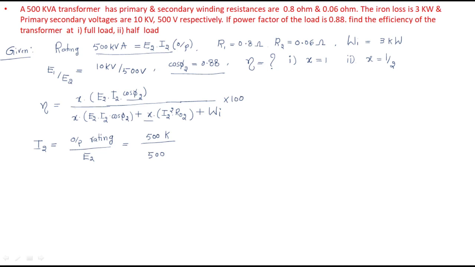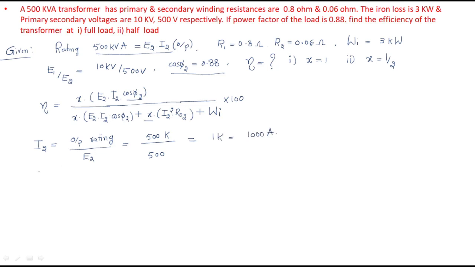So 500k by 500. Then what is I2? I2 value is 1k, which means 1000 amperes. We will get I2 value as 1000 amperes.